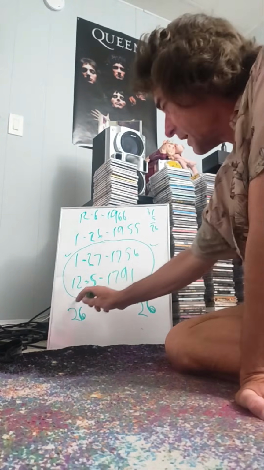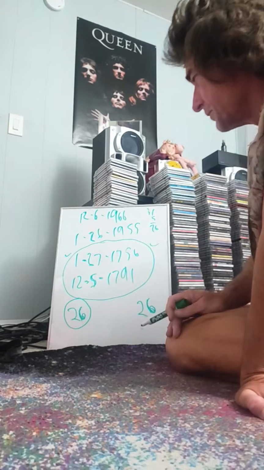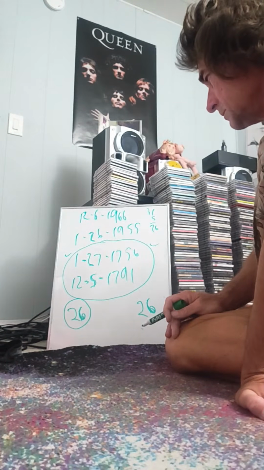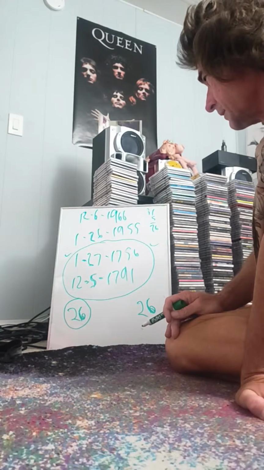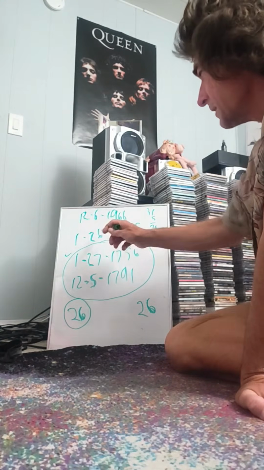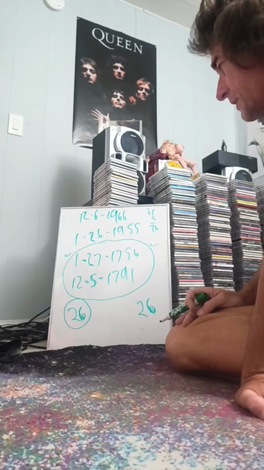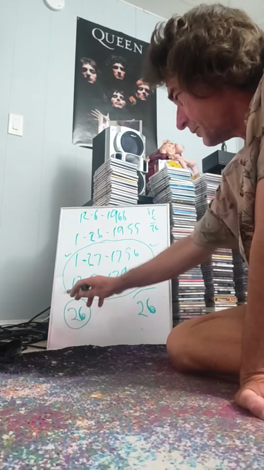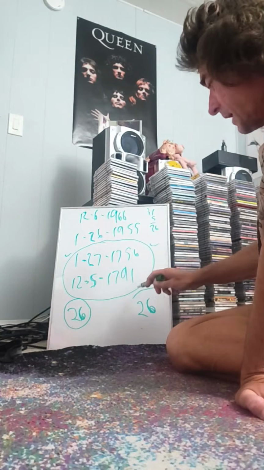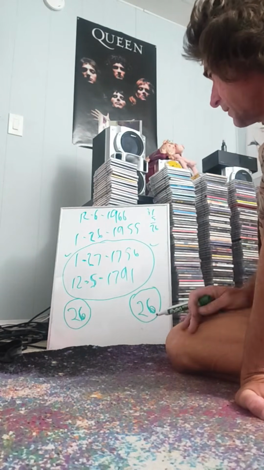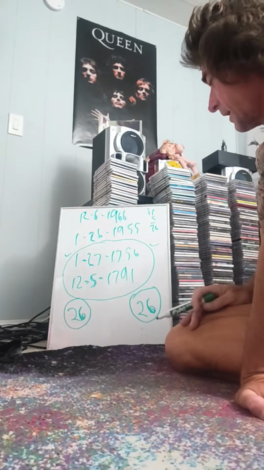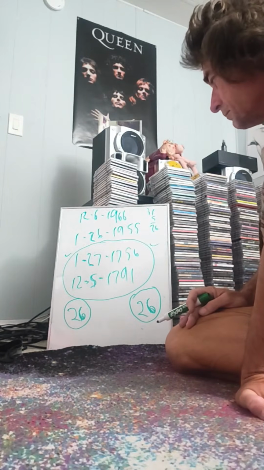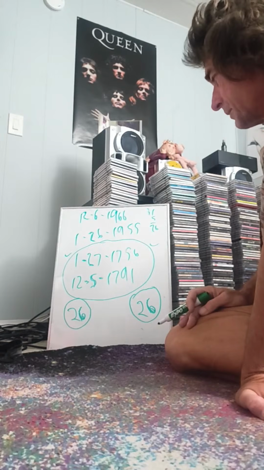So it's 26 days up to and including Eddie Van Halen's birthday. 26 days before Mozart was born in a year, and 26 days including my birthday after Mozart died in a calendar year, if you make it a single calendar year.